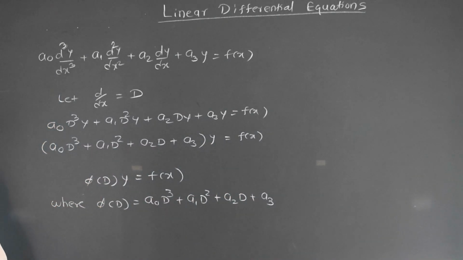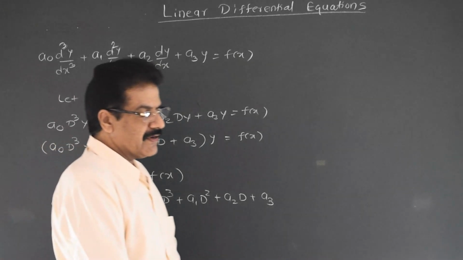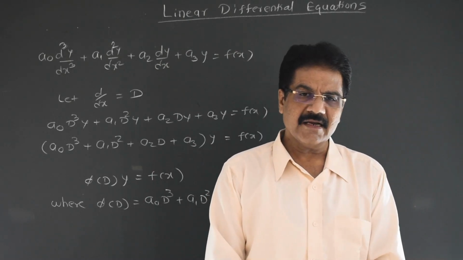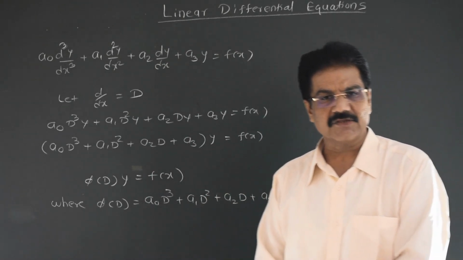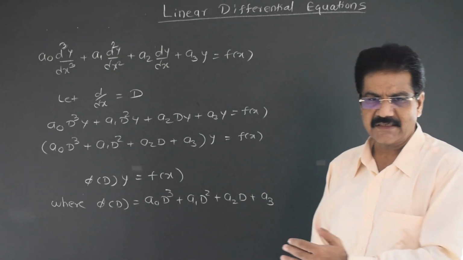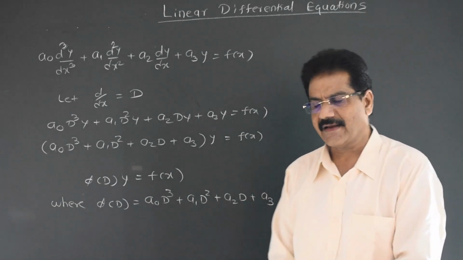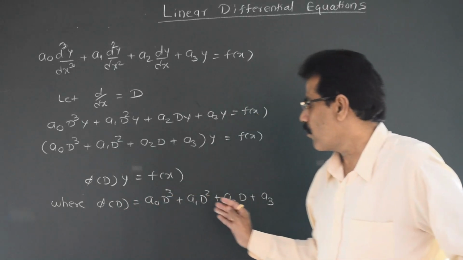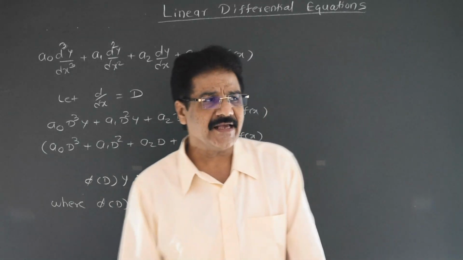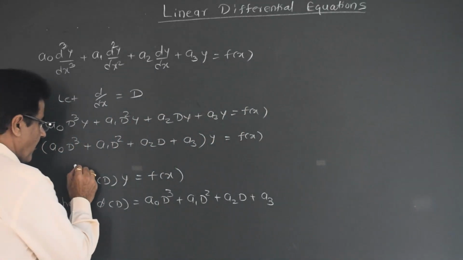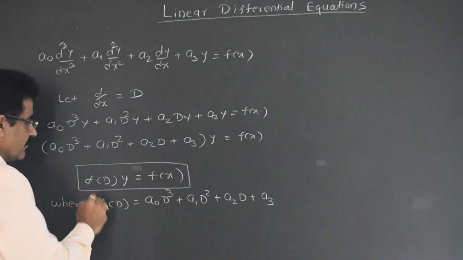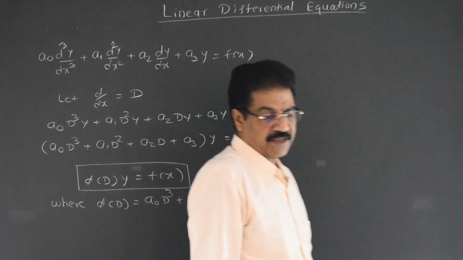Because it represents a polynomial with variable D, and you will know that whenever there is a polynomial we are in a position to find the factors of the polynomial. In the next stage of this lecture we are going to understand how to factorize this phi(D) polynomial. So phi(D) y is equal to f(x). This is the short form of a linear differential equation with constant coefficients.